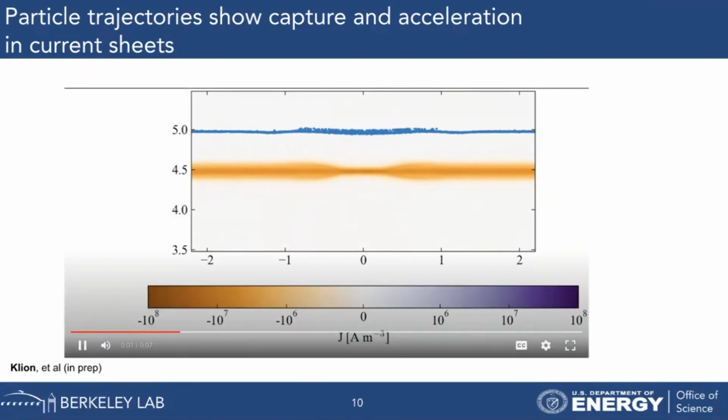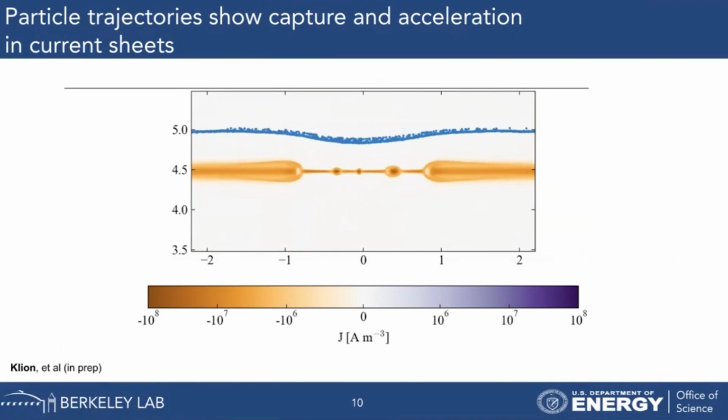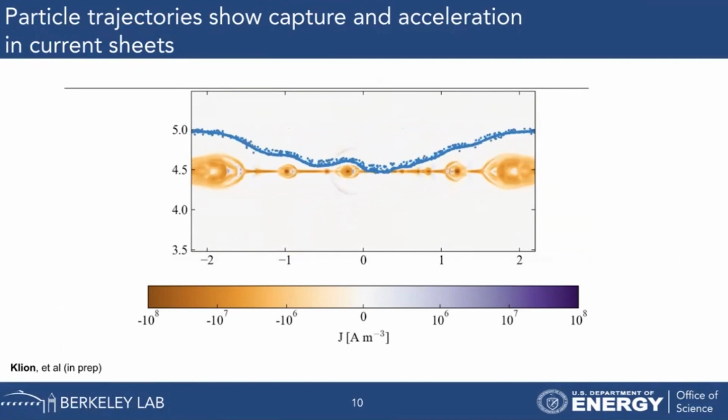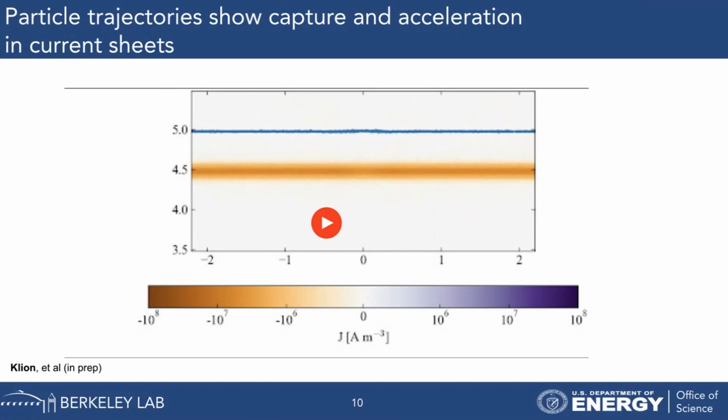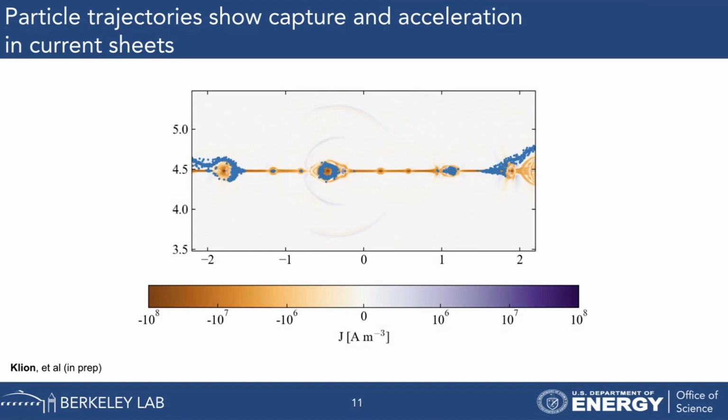So we have a string, I've labeled some particles in blue that travel into the current sheet as it reconnects, get trapped, and then travel outwards. And this is useful for measuring some of the detailed physics of how exactly reconnection happens, because we could track, say, what are the electric and magnetic fields at each of these particles as a function of time, for looking at where the electric fields that cause the energization are being generated.